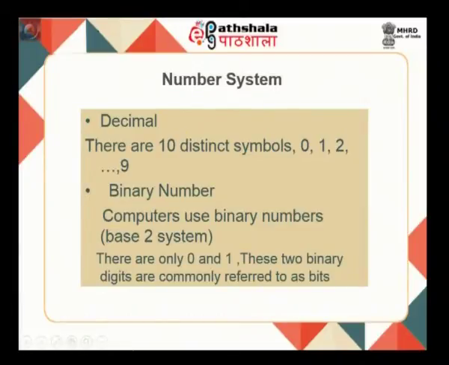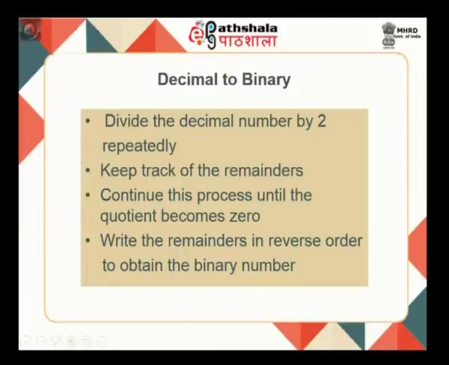When you want to process a number, the number will be given only in decimal. So, if the decimal is given, I need to convert that decimal number into a binary number.